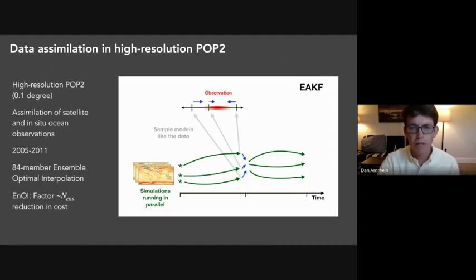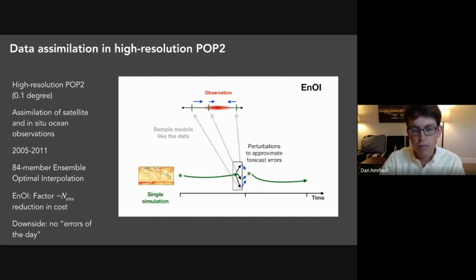But what's different about this approach is that rather than using an ensemble filter, as I described earlier, where you have a large number of simulations running in parallel, this work is using what's called ensemble optimal interpolation, which is going to reduce the number of simulations to 1.